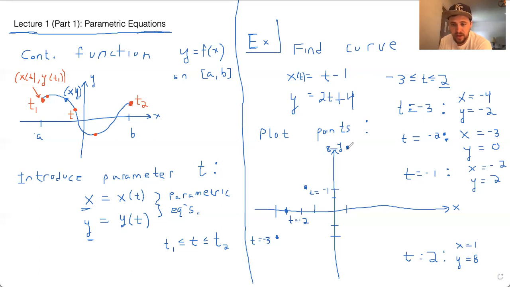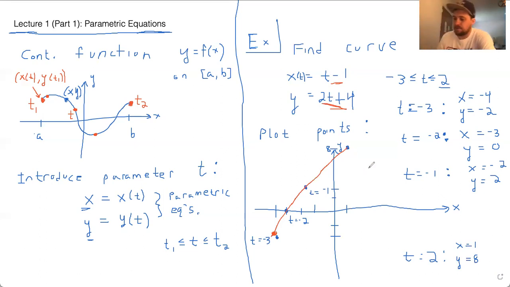We get some point. And then you can see the general trend that these points make, and we get a line, right? It's not a very good looking line that I've drawn, but it is indeed a line. And you can see here both t minus 1 and 2t plus 4 are linear functions. So it makes sense that we would get a line out of this parameterization.